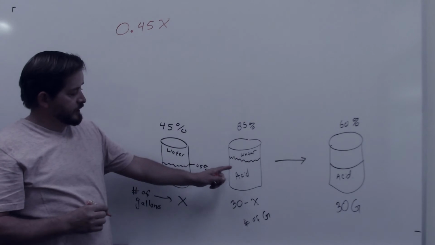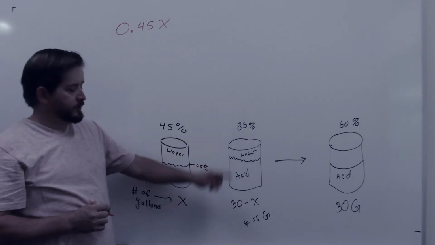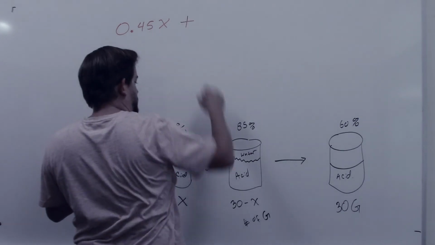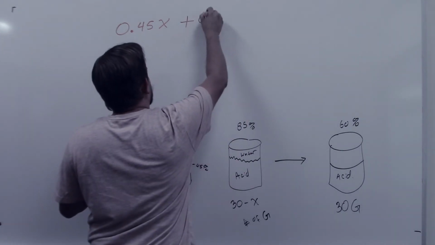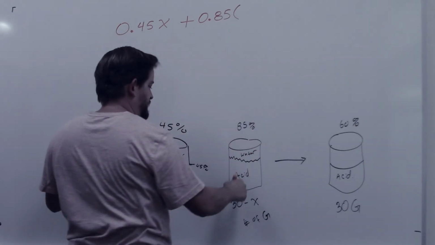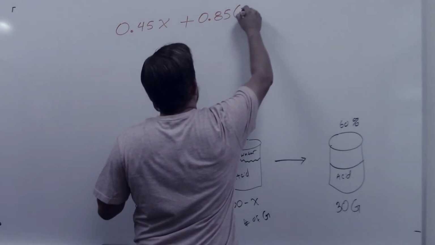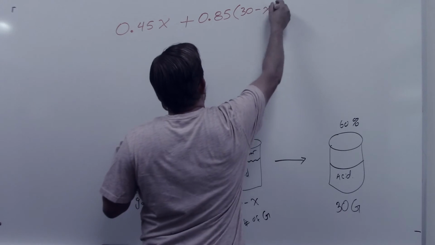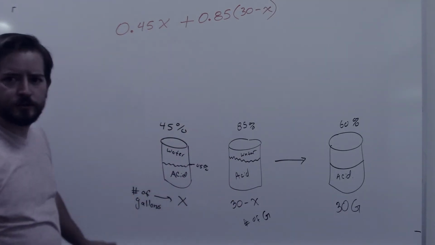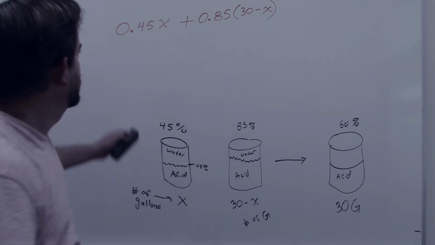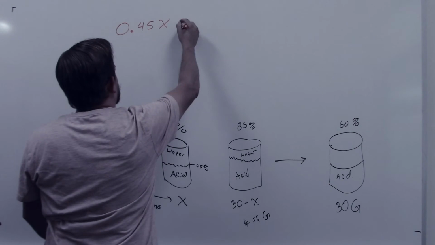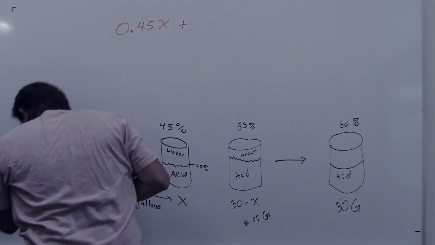The amount of acid that comes to the table from jar 2 is 85% of this 30 minus X. So, plus 0.85 times 30 minus X. Let me start over and lower this, I start going a little slanty up there.